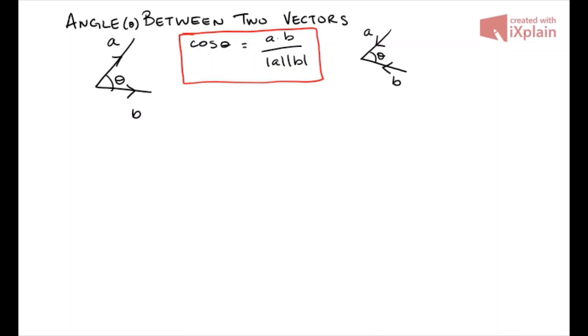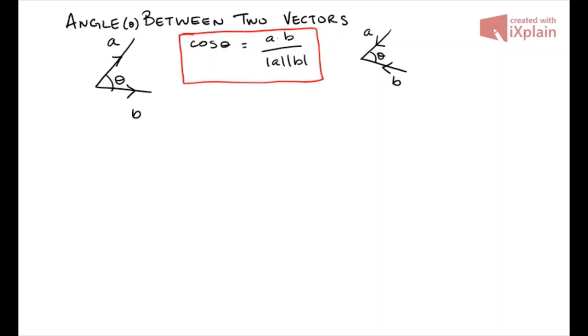Okay, let's move on to how and when do we use the dot product. We are going to use a dot product for us to find angles in between two vectors. As you can see here, we have a formula, the cosine of theta, where theta is the angle between the two vectors.